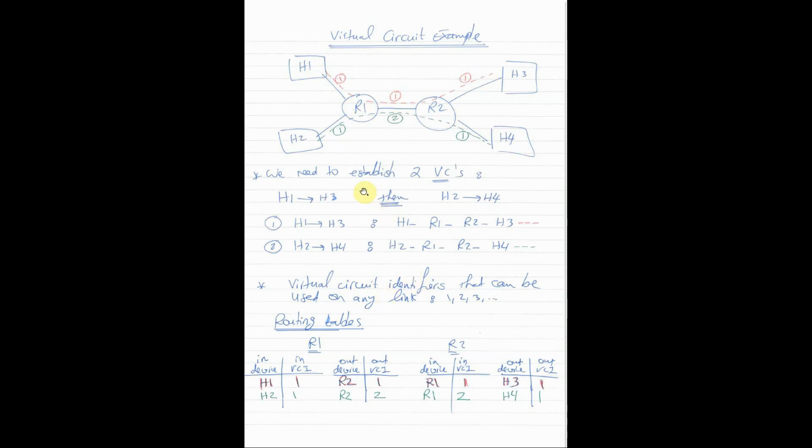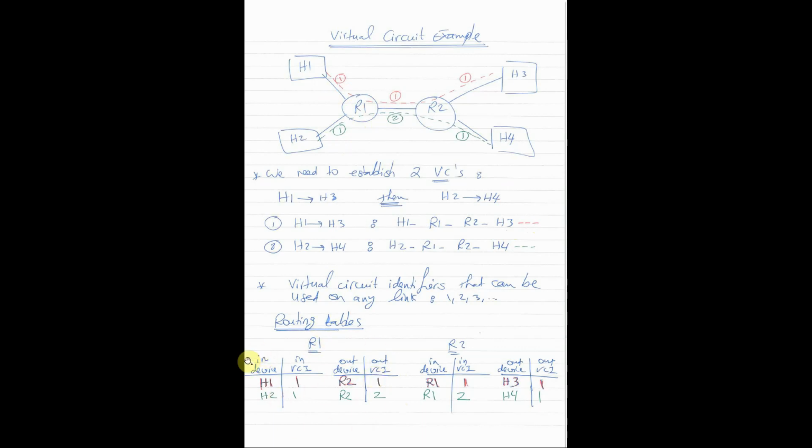Let's talk about the table entries. Now, each one of the 2 routers, router 1 and router 2, because they are part of the virtual circuit, will get a table entry that identifies them as being part of this virtual circuit. So let's look at the table for router 1. Incoming component, outgoing component.